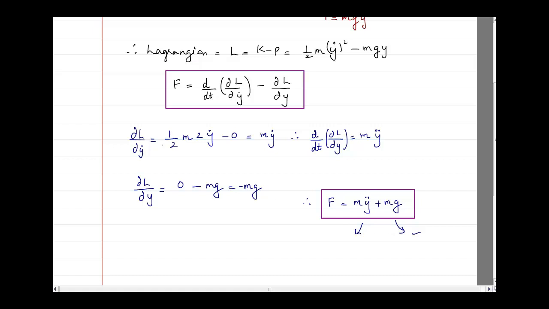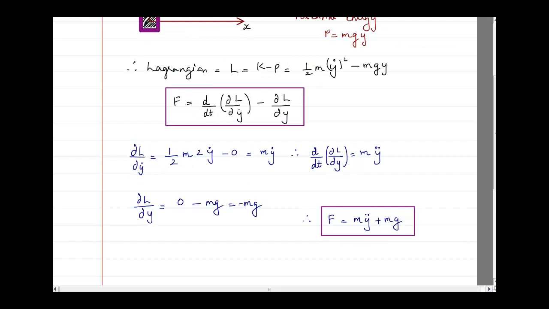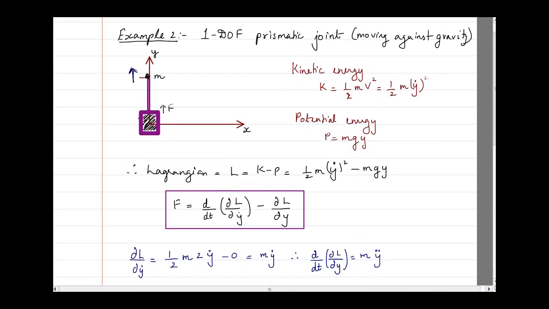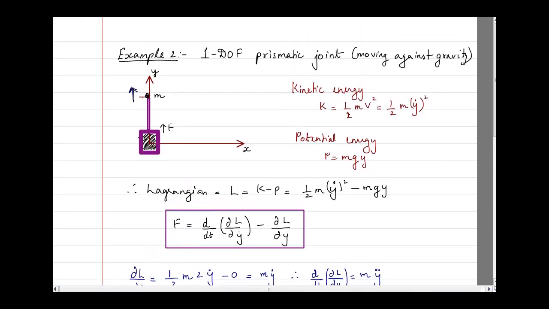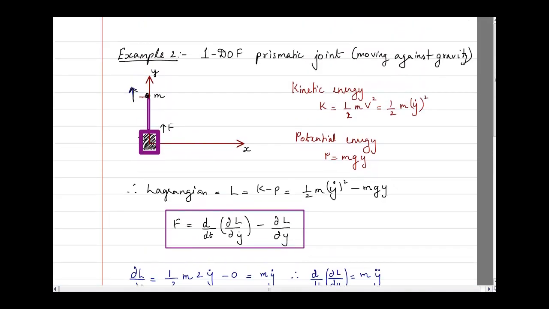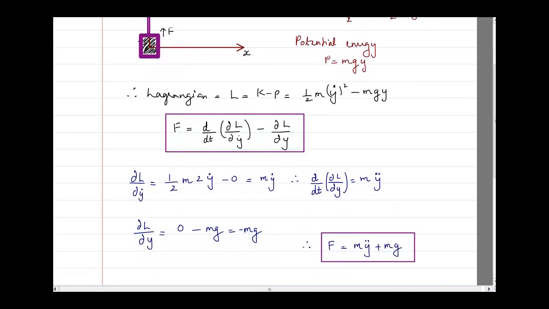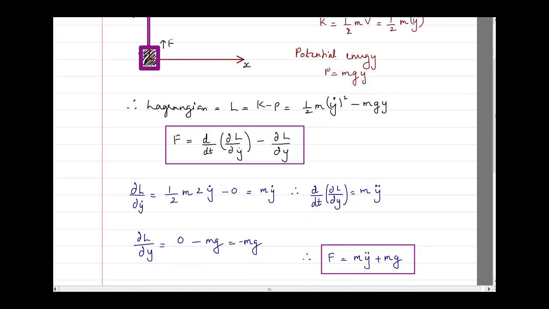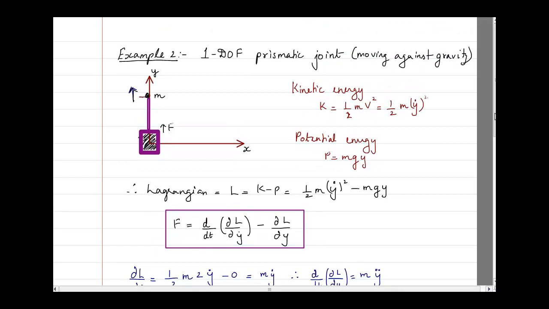So this much total force has to be given by the prismatic joint for this to move. So that is, for the case of a 1 degree of freedom prismatic joint, how using the Lagrangian method we find out the force that is going to be required. So this is the dynamic equation for this 1 degree of freedom prismatic joint. Thank you.